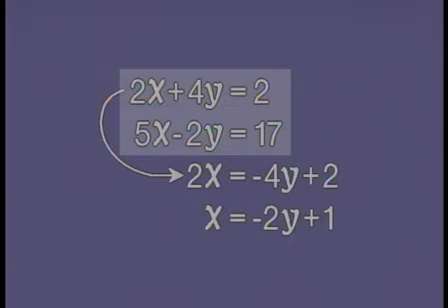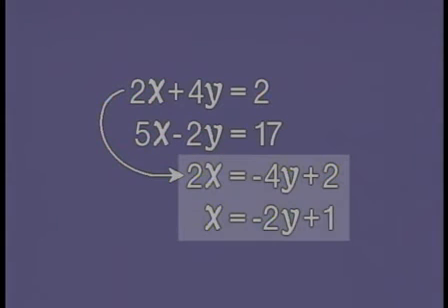To use the method of substitution to solve a system of linear equations, we must be able to get one of the equations in the form x equals a function of y or y equals a function of x. So notice the arrow shows you in this visual that we've taken 2x plus 4y equals 2 and written it as 2x equals -4y plus 2 by subtracting 4y from both sides, divided everything by 2 and getting x equals -2y plus 1.